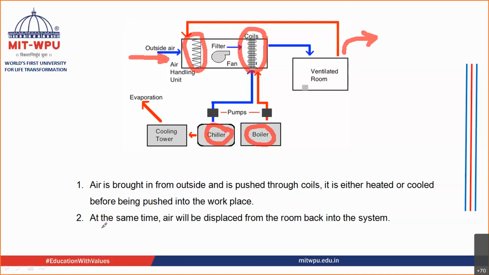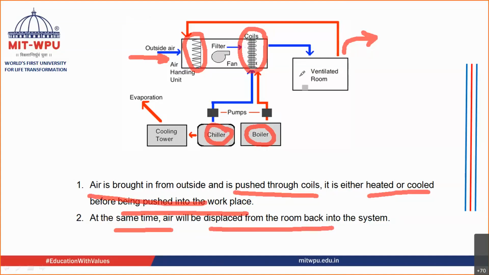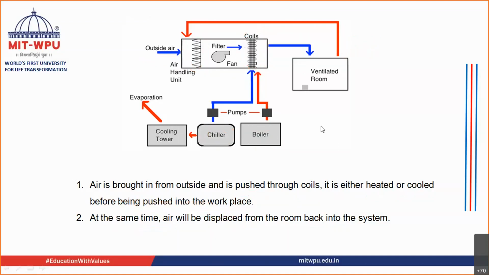So what is done? Air is brought from outside and pushed through the coils. It can be either heated or cooled, right? And it is pushed back into the workplace. At the same time, whatever air is displaced from the room is sent back to the system. So this process is continued. This is how the HVAC works.